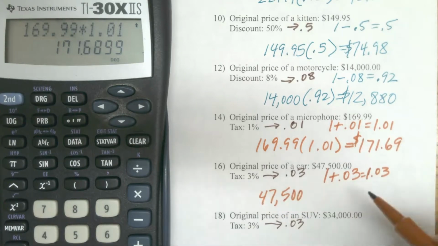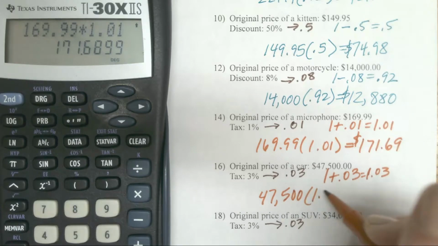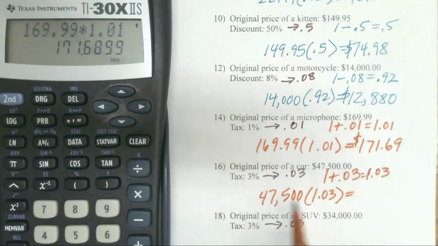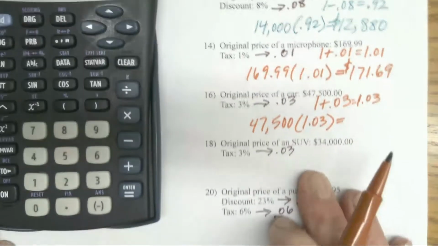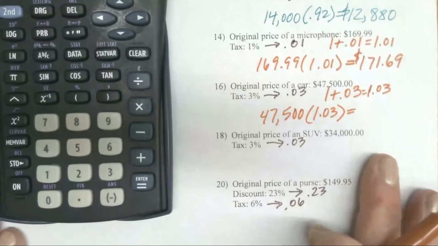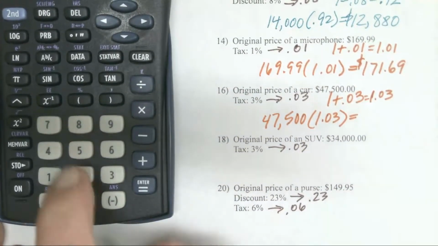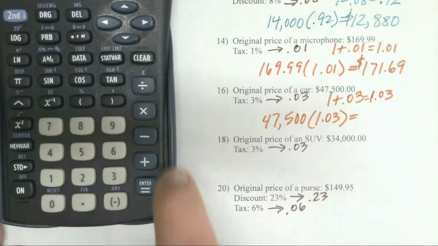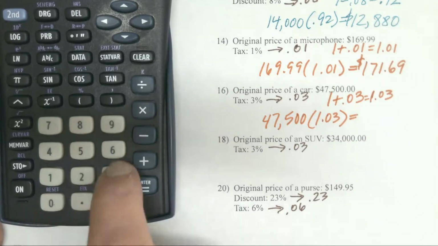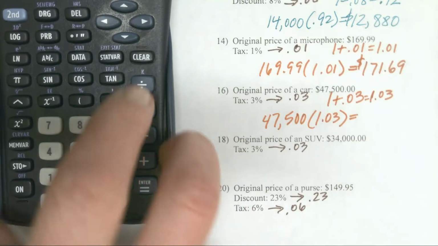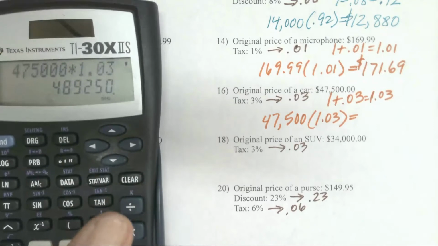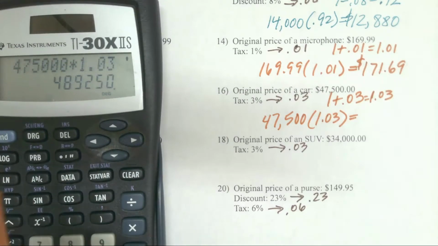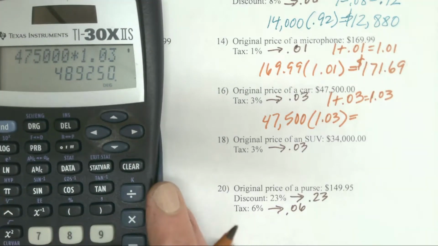Okay. So again, my tax 1 plus 0.03 is 1.03 added, 47,500 times 1.03. The higher the initial cost, the higher the end result in the tax is going to be, because it's a percentage of the cost. So my 47,500, oops, I added an extra 0 on there.